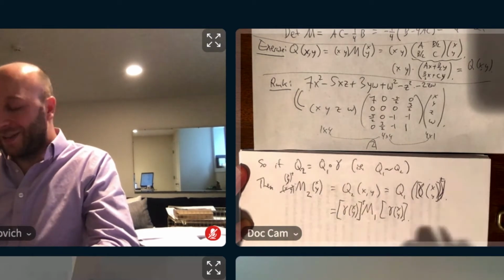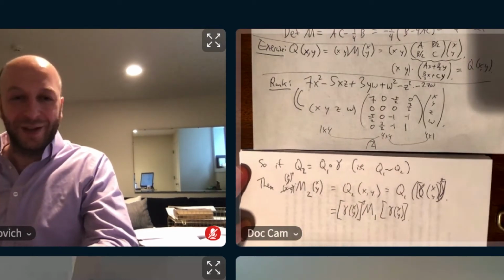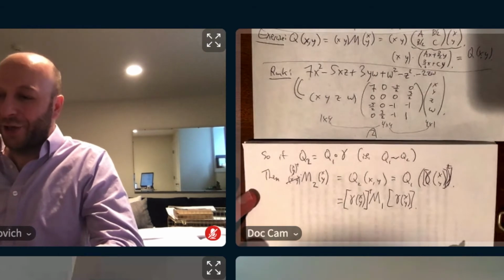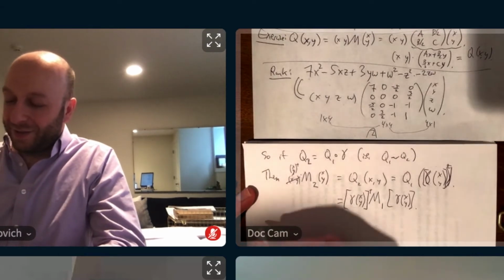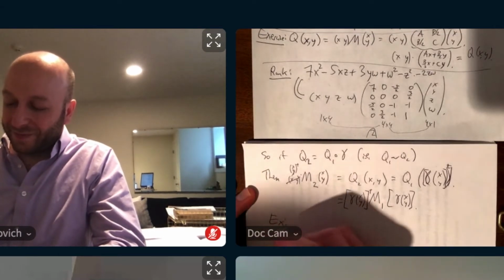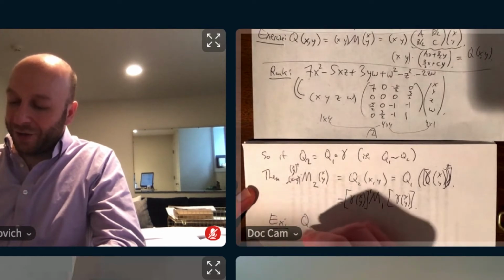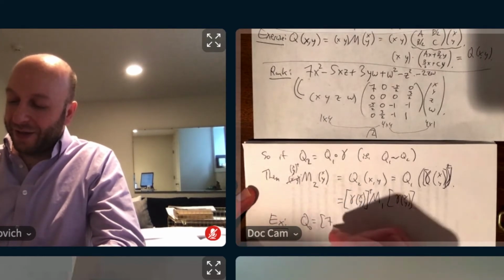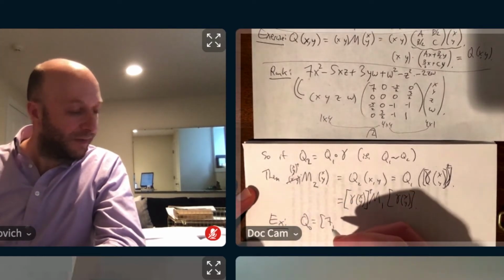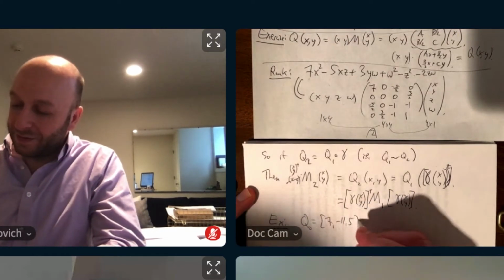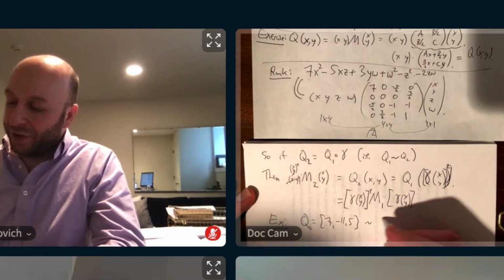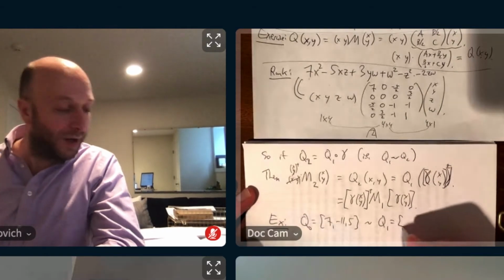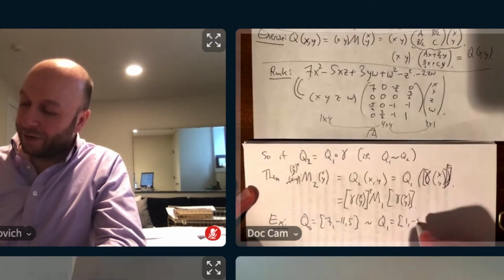So let's do an example so that you see this in action. For example, we have Q0, which was 7, negative 11, 5, is similar to Q1, which was 1, negative 1, 1, negative 1, 5.